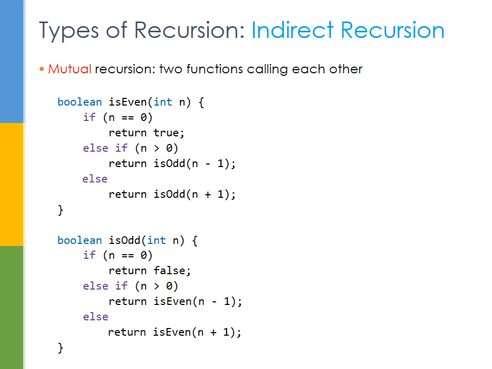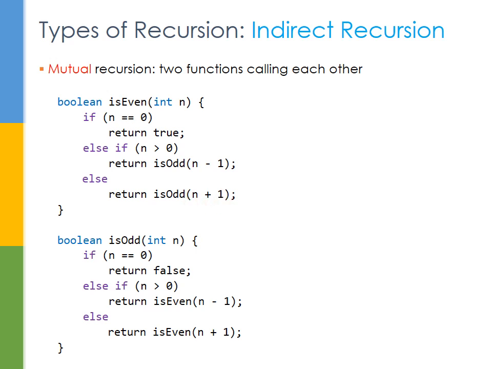In the case where this condition is not satisfied in both of the functions, we will get to the last else, and in this case for the is even function we call is odd, and we add 1 to n and send that through as a parameter.